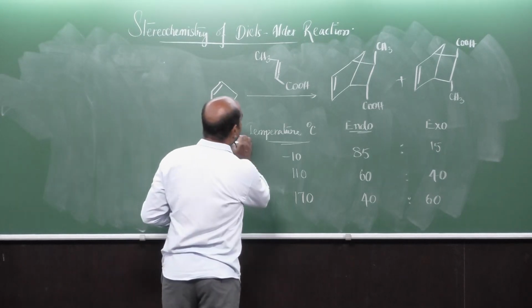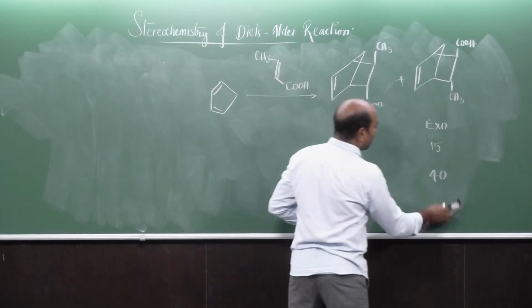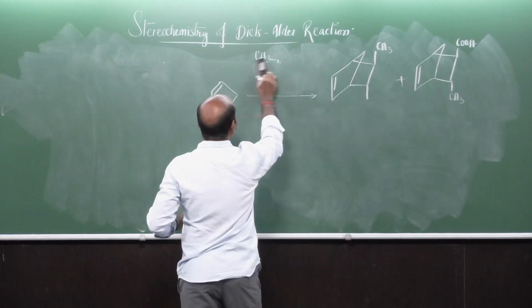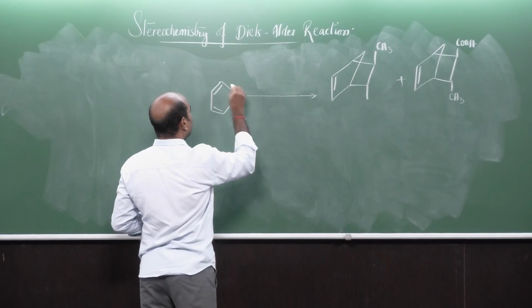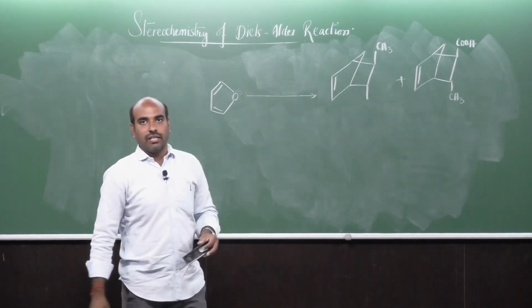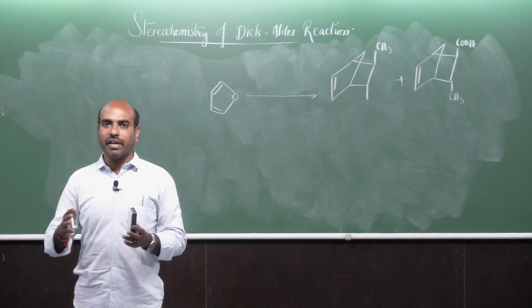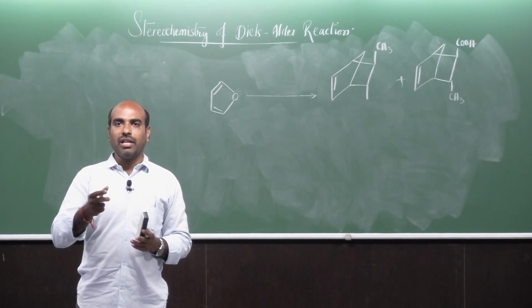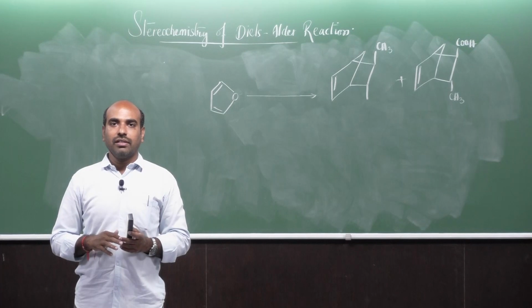There is one such exception to this endo rule, that is the reaction of the dienophile with a diene like furan. Furan is an aromatic compound, so it is a little difficult for the furan molecule to easily participate in the Diels-Alder reaction.